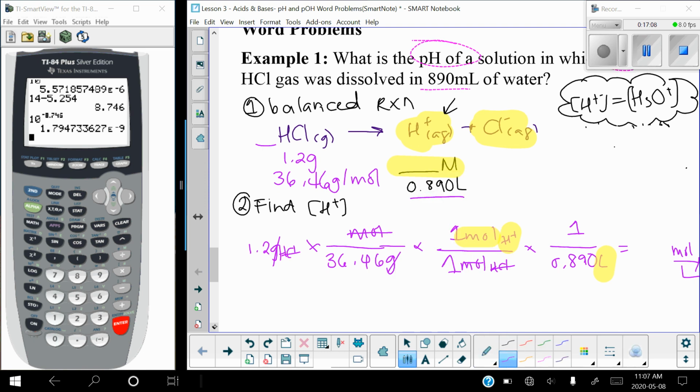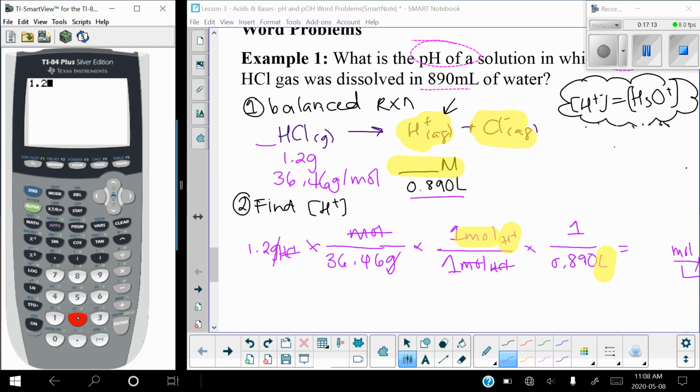Okay, so let's go ahead and plug this into our calculator. 1.2 divided by 36.46 divided by 1 multiplied by 1. You don't have to add these in if you know that it'll give you the same answer. Divided by 0.890.